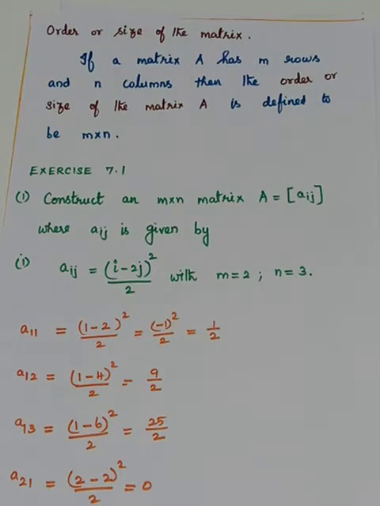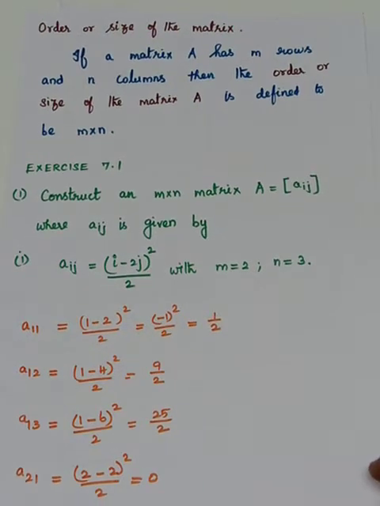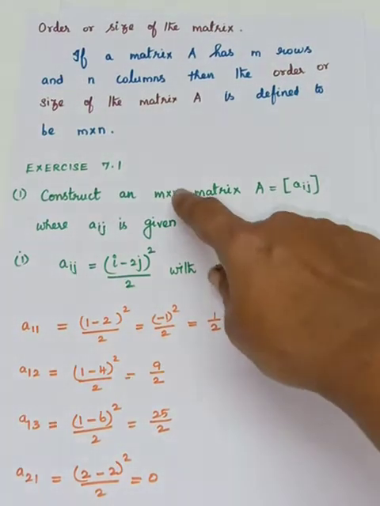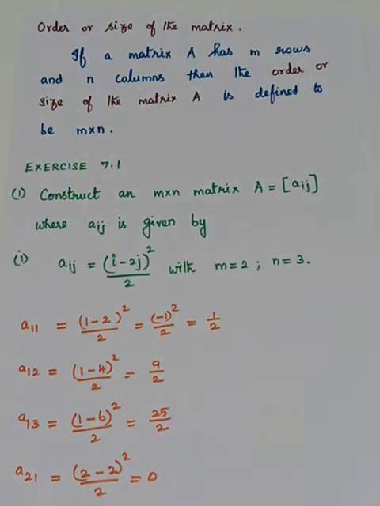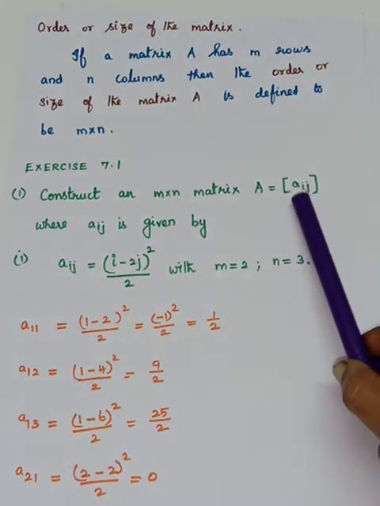So using this we are going to do Exercise 7.1, the first problem. You see that: construct an m by n matrix A. So what is the name of the matrix? A. Okay, whose elements, how are they? It is a_ij.